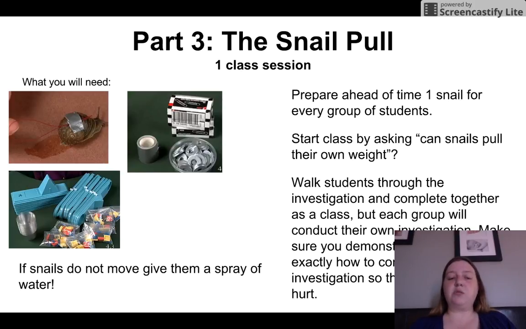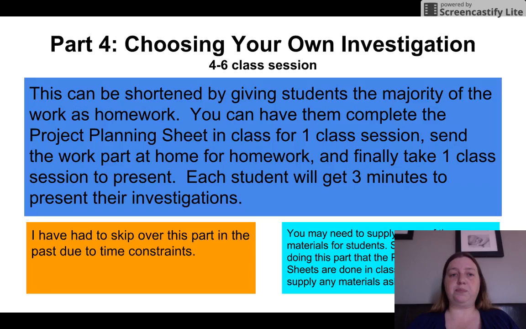If the snail's not moving, give it a little spray of water, see if it will move then. Otherwise, we want to remind students that we're not going to hurt the snails by adding weight onto them, and have fun. Make sure they're careful with the snails and respect that they are living animals.